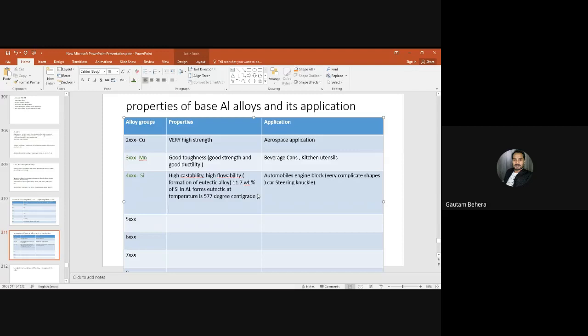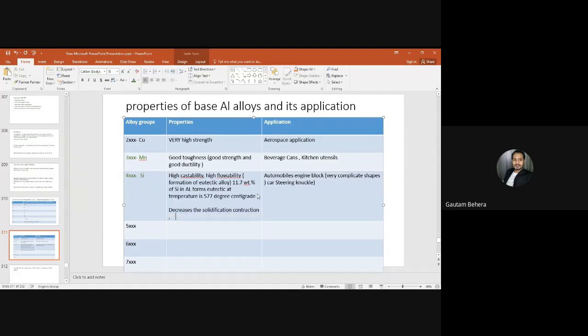So silicon decreases solidification contraction. And it is very easily available. Okay, I'm not writing here. Then the 5000 series.